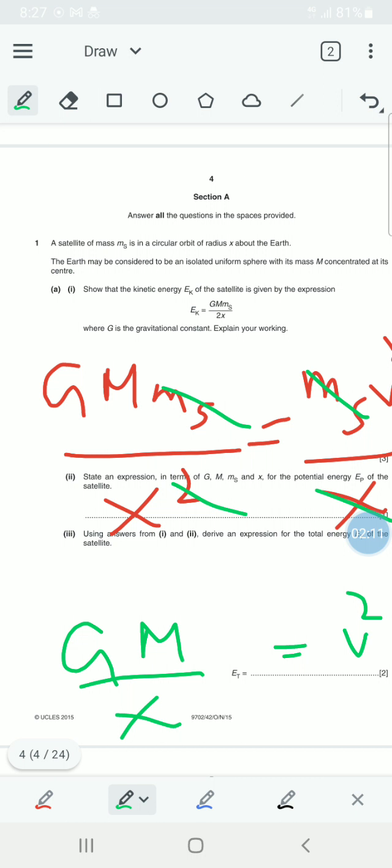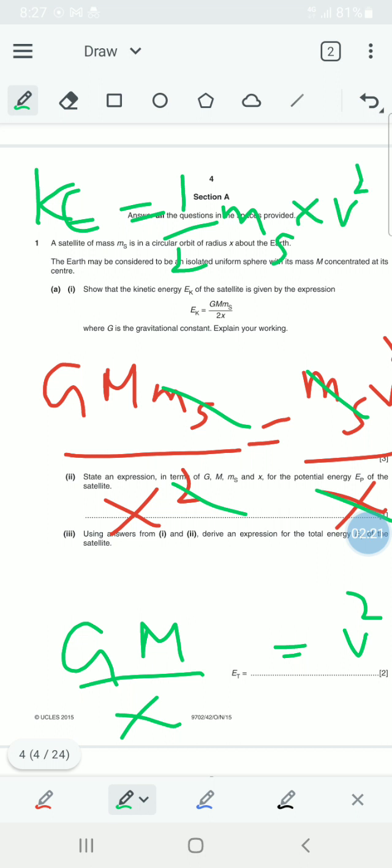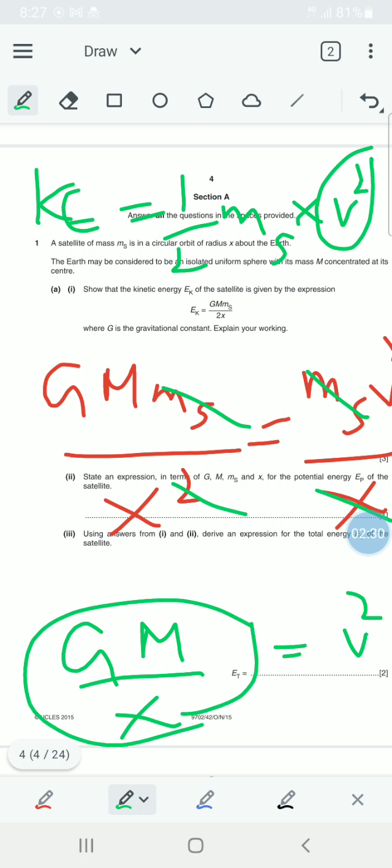What is the equation for kinetic energy? Kinetic energy is equal to half mv squared, and because it is the mass of the satellite, I will write it as m_s. Now instead of v squared, we can substitute GM upon x. So let's do that.